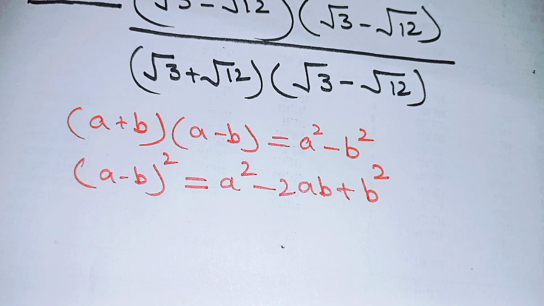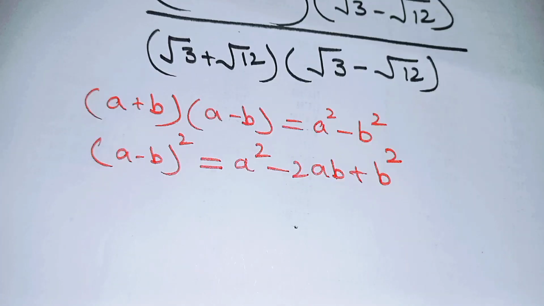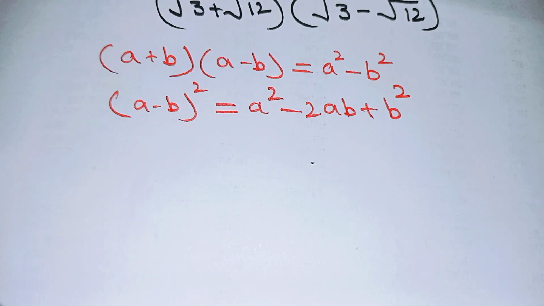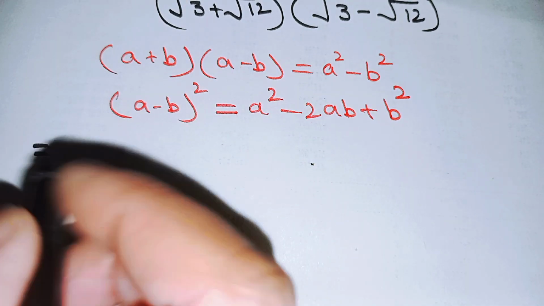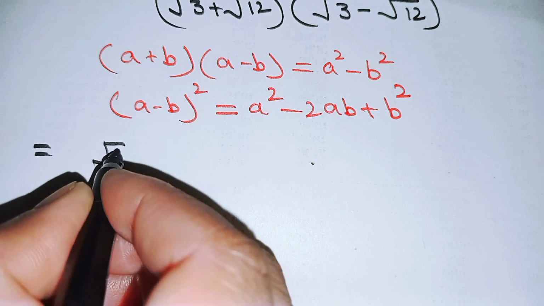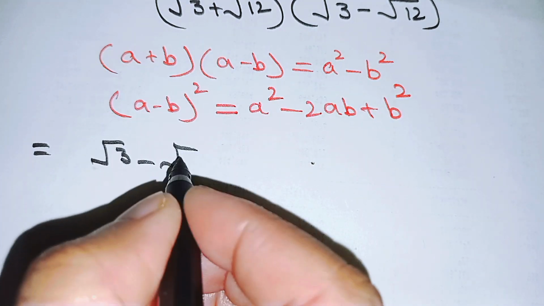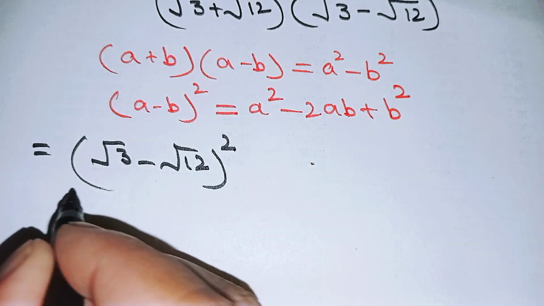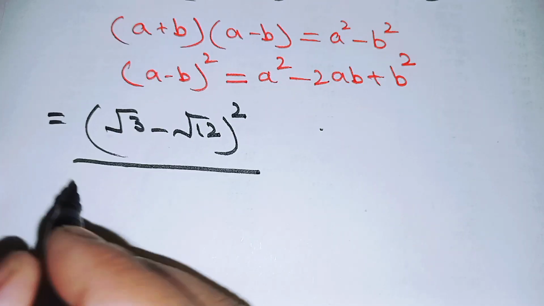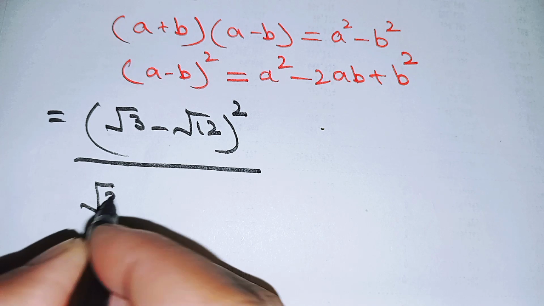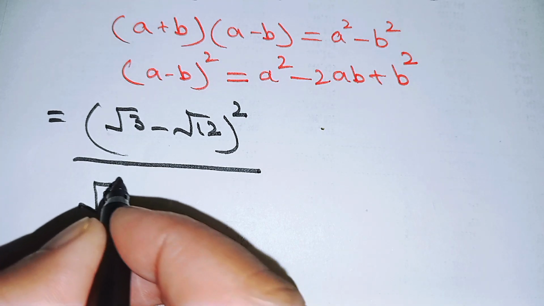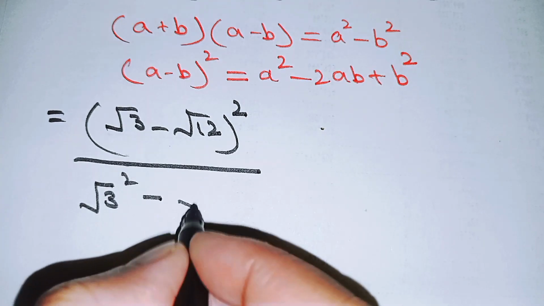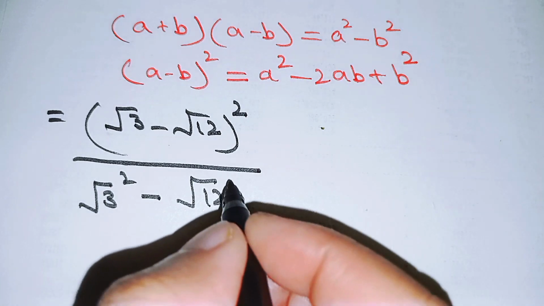So here we can write it as the square root of 3 minus the square root of 12, whole squared, over the square root of 3 squared minus the square root of 12 squared.